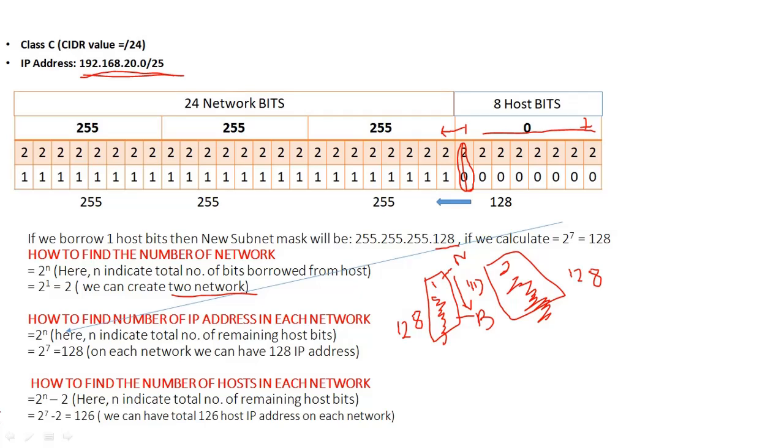So let's calculate host IPs. To calculate host IPs, you need to use the formula 2 to the power n minus 2, where n indicates the total number of remaining host bits, which is 2 to the power 7 minus 2, equal to 126. So from the first network, we can assign 126 IP addresses to connect to other devices. And from the second network, we can also use 126 IPs to connect to other devices.